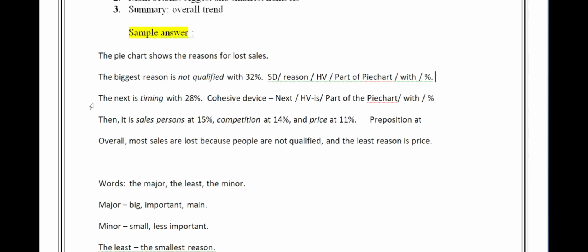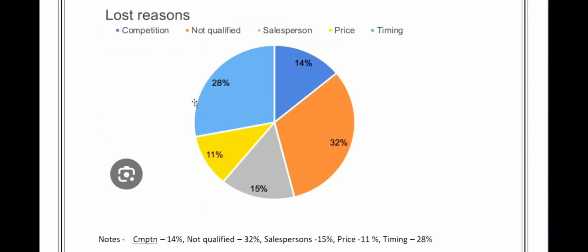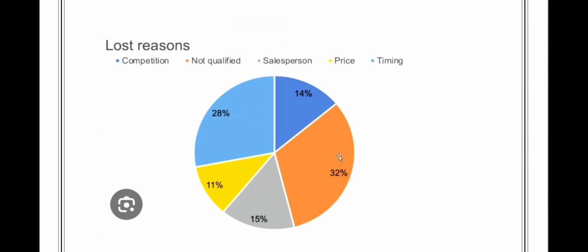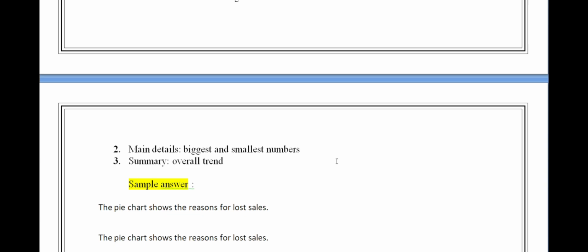Following that, the continuation. So you have used a cohesive device. Next is timing with 28%. Here it is given only timing. So just say timing. Don't say timings. Please don't change the words which are given in the pie chart or in the question.